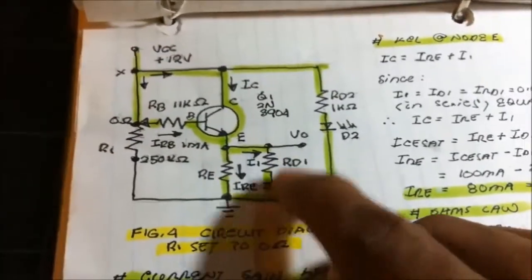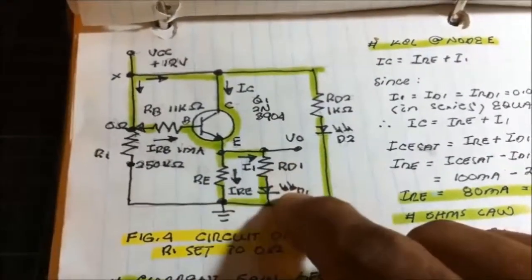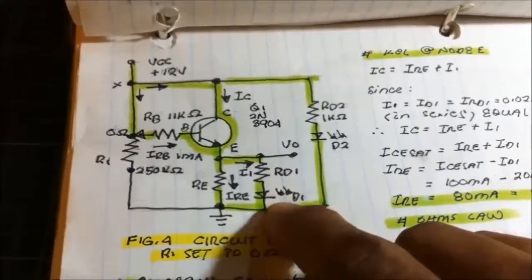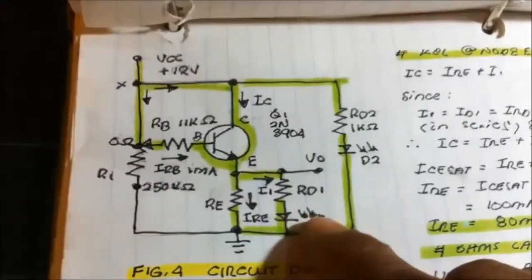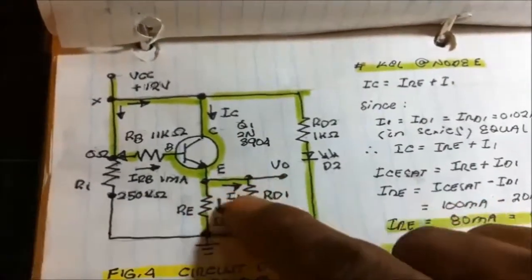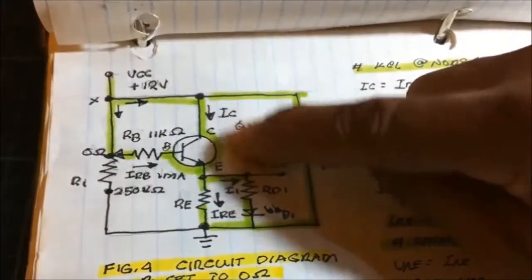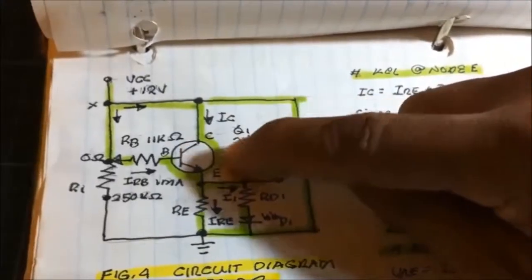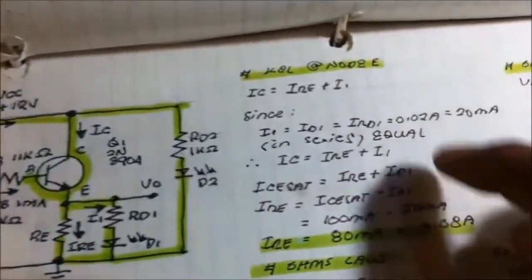We know the value of the load current given in the datasheet of the LED. As if you're buying a device or equipment, the load current is always given, and this is given as 20 milliamperes. The current I1 is 20 milliamperes, and the total supply current is the IC, the collector-emitter current at saturation, which is 100 milliamps.